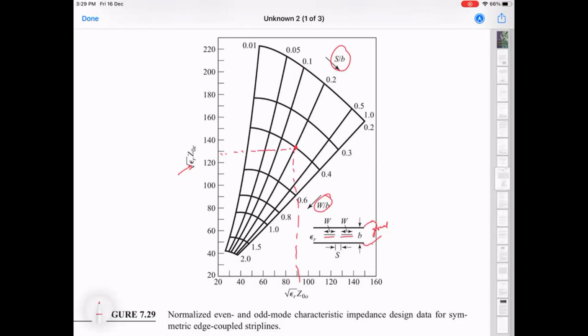See, when they are far away, they have an individual identity, right? It's a strip line with characteristic impedance Z0. This one is also a strip line with a characteristic impedance Z0. So if they are non-interacting, what is the even and odd mode impedance? You're saying it's the same, but same and equal to what? Z0? Or something multiplied by Z0?